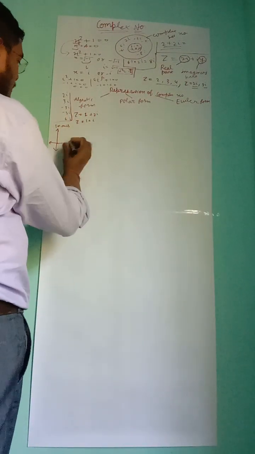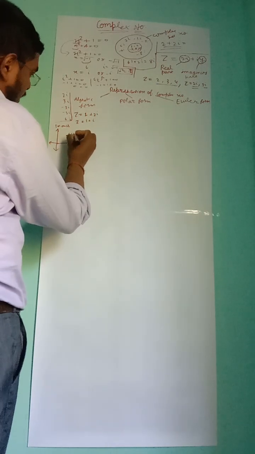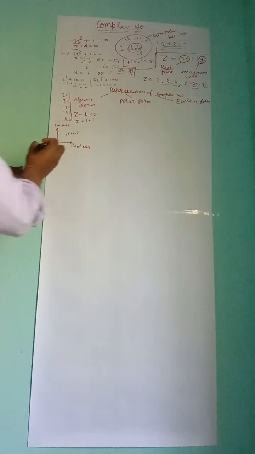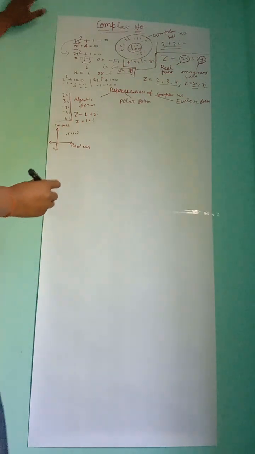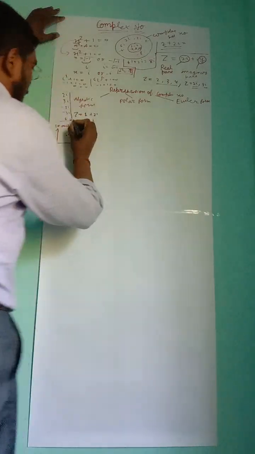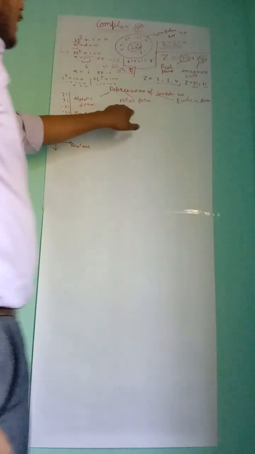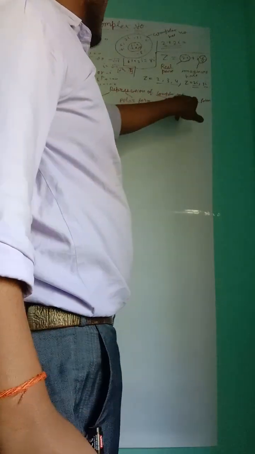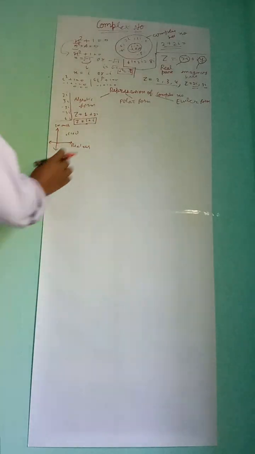This is my 1 plus iota. Now I have taken this, and now I will show how we represent it in polar form and Euler form. So basically this is my number.